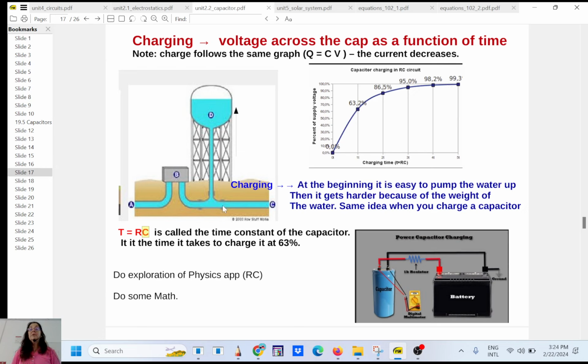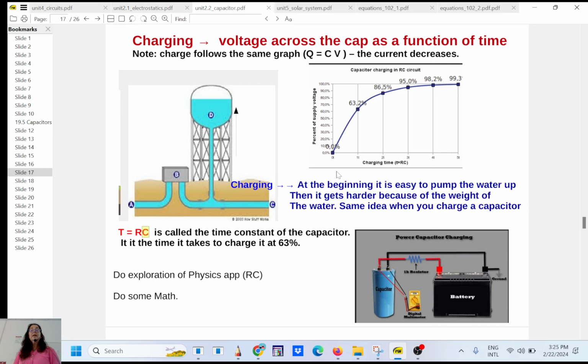Okay, so the time it takes to fill a capacitor depends on two things: the capacitance, the geometry. Do you have a small reservoir to fill or a big reservoir to fill? And it depends on the resistance, how fast the water or the charge are going to flow. Does it make sense? So for the MCAT, RC is a constant and it's called the time constant.